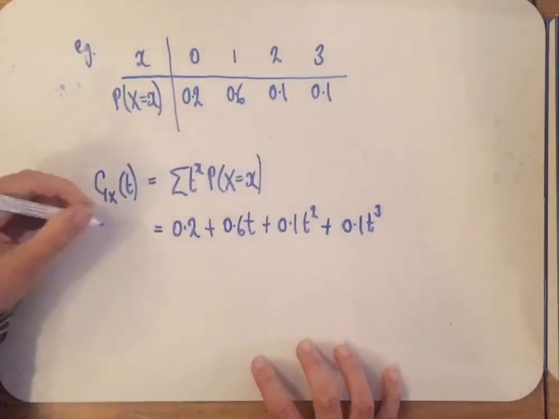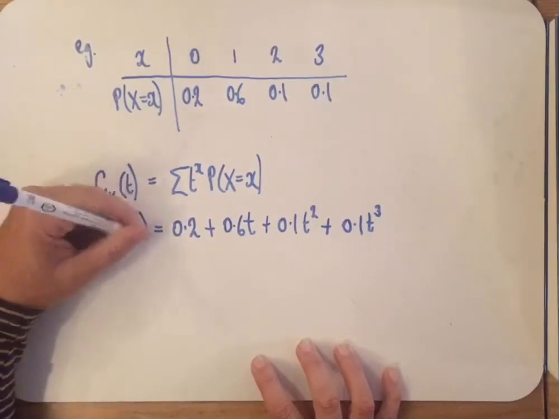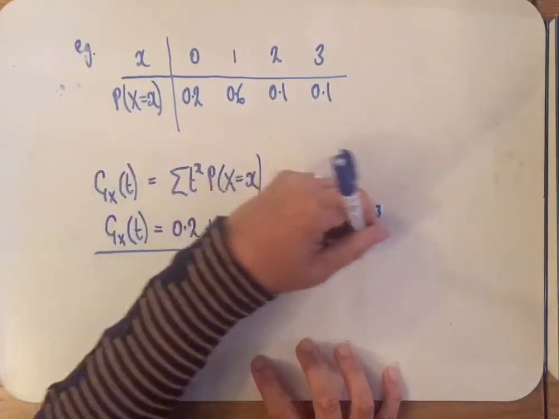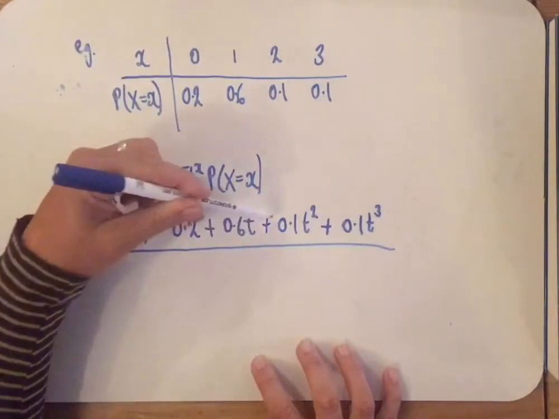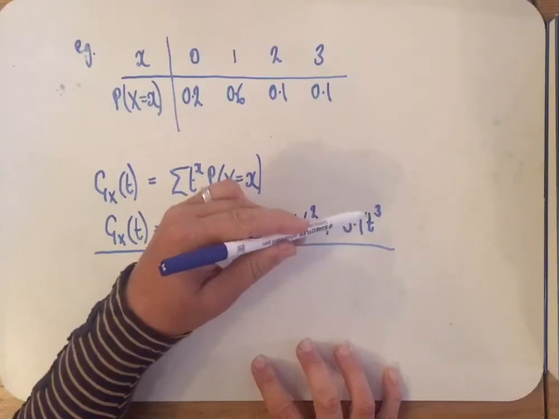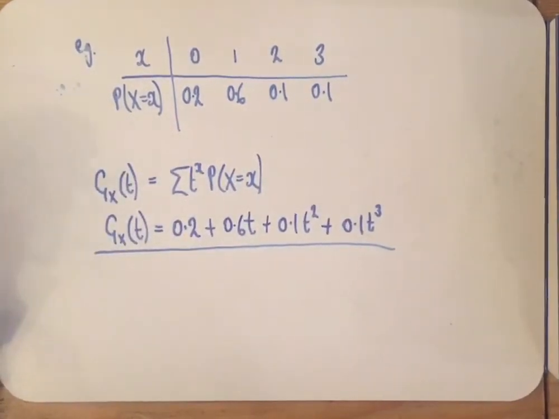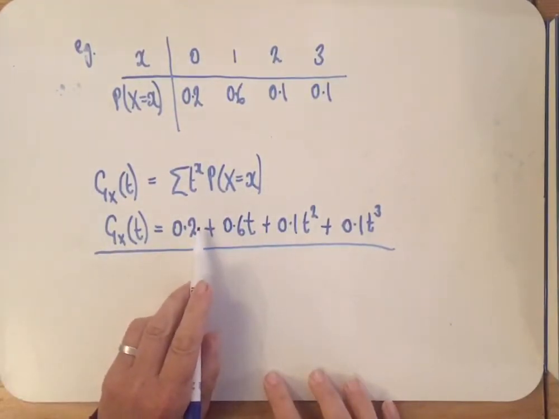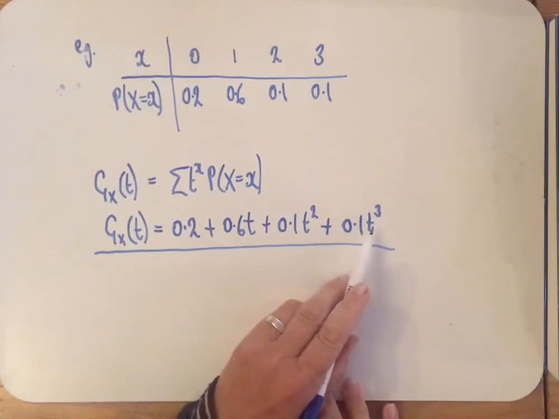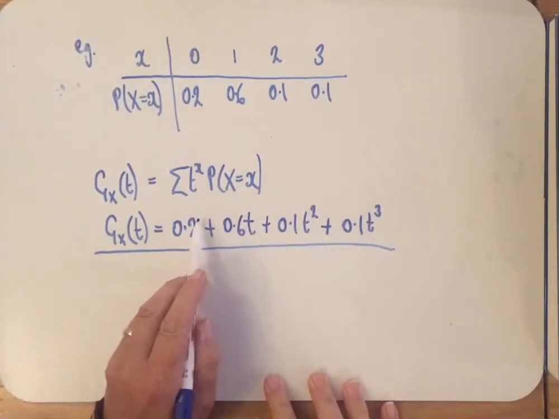And so that is the probability generating function for X. And you can go from there back to the table by looking at your powers of t. So t is a dummy variable. We're not actually substituting anything into it. All it is doing is telling you what the value of x is: here the value of x is 3, here it's 2, here it's 1, here it's 0.